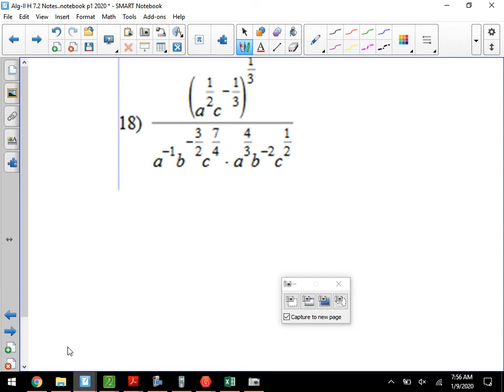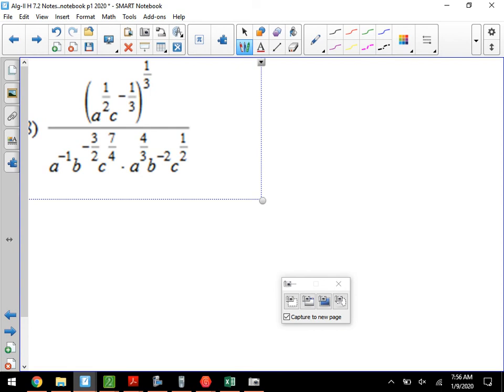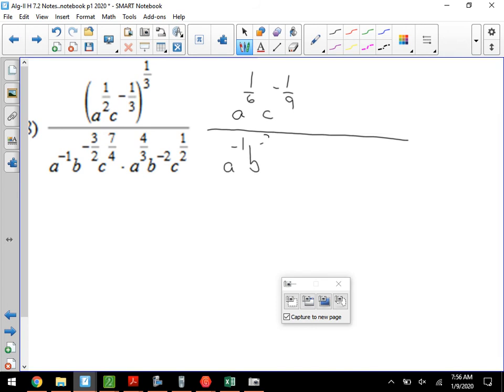So, first thing I'm going to do is I'm going to rewrite my numerator after distributing the 1/3 for the exponent, and then in the denominator, I'm just going to rewrite everything right off the bat, so we have a new problem then. So we'll have, what would that be? A to the 1/6, C to the negative 1/9, all over A to the negative 1, B to the negative 3/2, C to the 7/4, A to the 4/3, B to the negative 2, C to the 1/2.